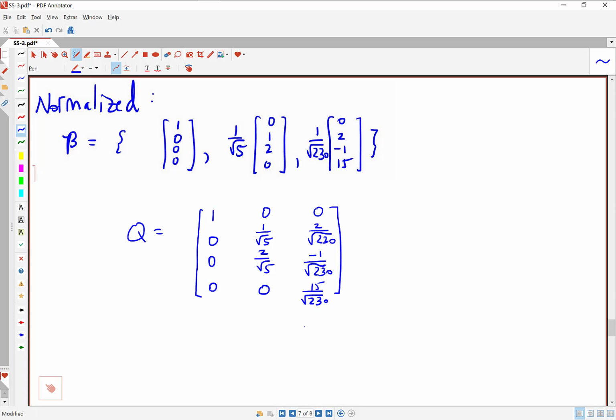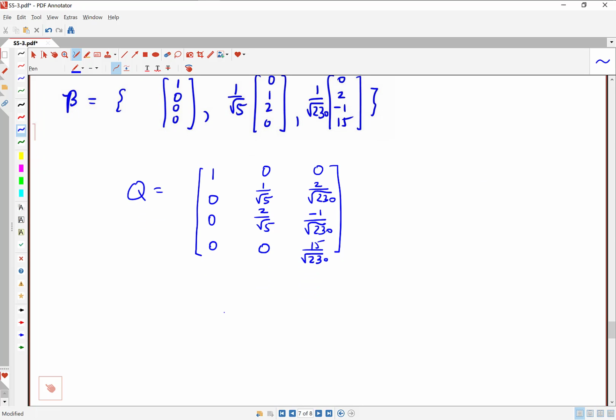Now we have to figure out how to get R, because remember the question was asking us to find Q and R for the QR factorization. So to find R, let's think about what we know. We know that we're going to be writing A as Q times R. And we know that Q is an orthogonal matrix.